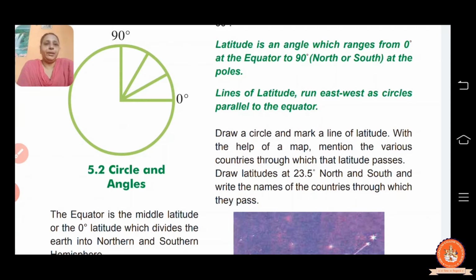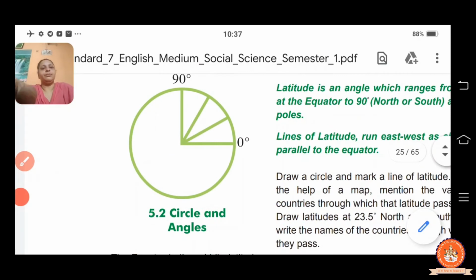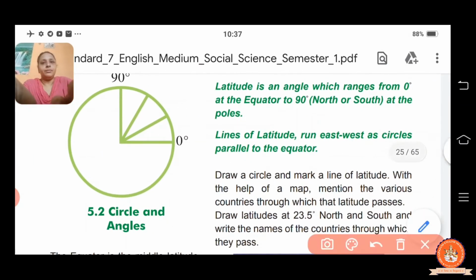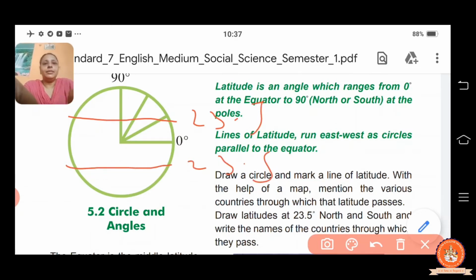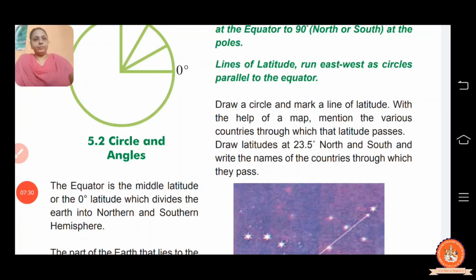Draw latitude 23.5 in the north and 23.5 in the south. That means it is asking you to draw 23.5 latitude in the north and 23.5 in the south, and write the names of the countries which pass through there.